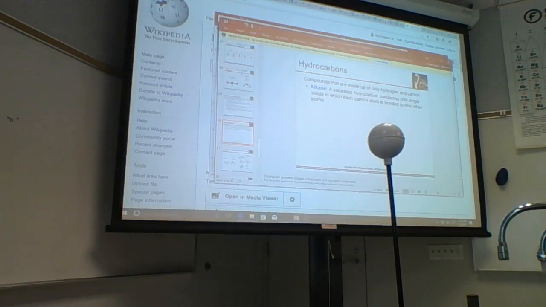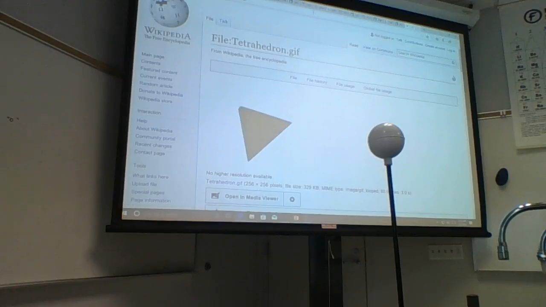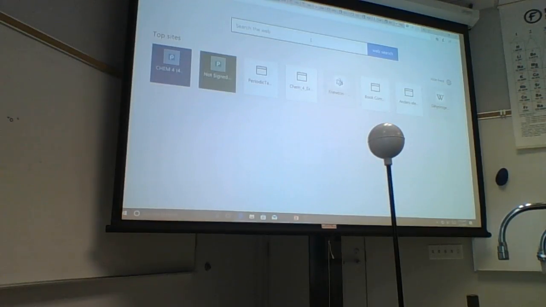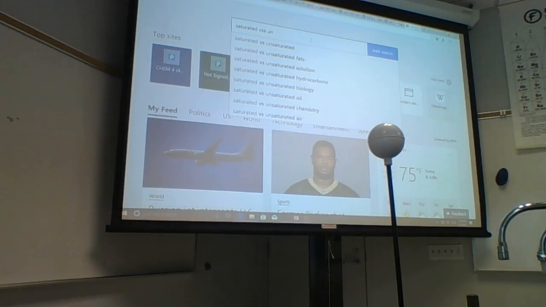The biggest impact comes from fats. So let's just take a quick look at saturated versus unsaturated fats.